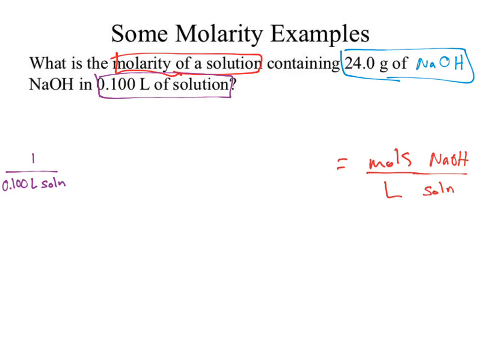What do I want in the numerator? Moles of sodium hydroxide. Have I done that yet? No. So I want moles of sodium hydroxide in the numerator. Am I given that? No. So I give up and go home? No. It's not time yet. So now I have a choice.